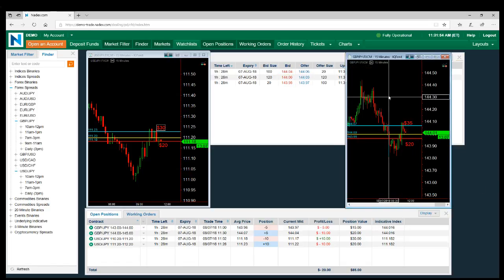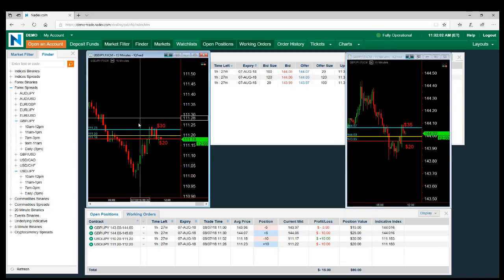So in the case of the British pound yen, we have a total risk of 55. Over on the USD, we have a total risk of 50. Again, you want to make sure that when you do something like this, that you are expecting some volatility.